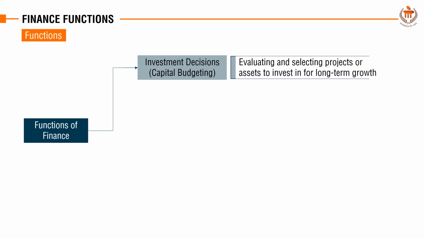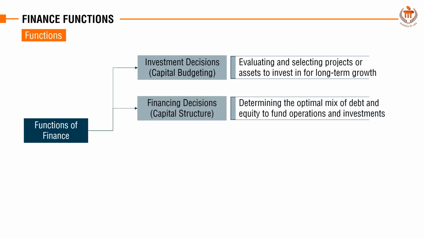Number one, investment decisions, wherein capital budgeting means evaluating and selecting projects or assets to invest in for long-term growth. Second is financing decisions, also termed as capital structure, determining the optimal mix of debt and equity to fund operations and investments.